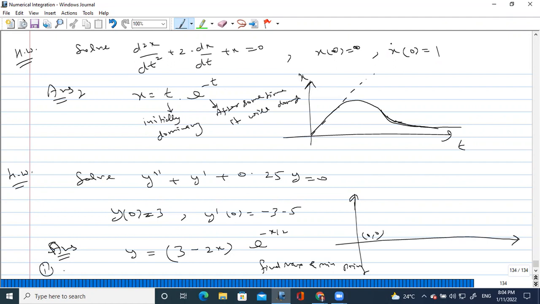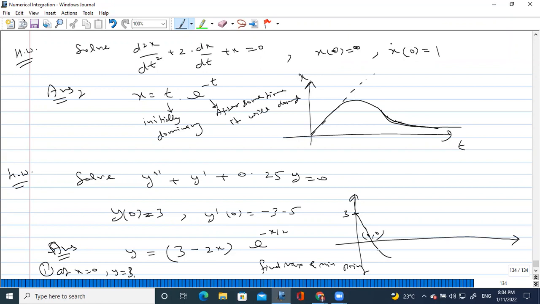That is my first thing. At x equal to 0, y is equal to what? That you have to check, and there you can note it down. If x is equal to 0, then y will be 3 here. So it means my curve will start from here. And then, because it is negative and this is also negative, from 3 it will go down, and it is exponential decay. Initially it will go down slowly, after that it will go down fast, like this it will go.